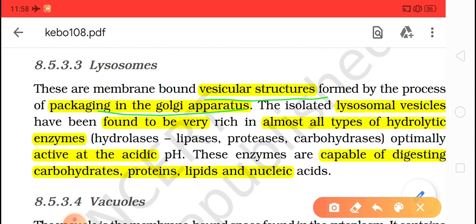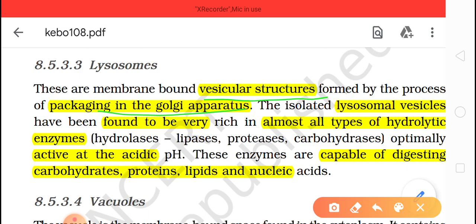Okay, and the lysosomes are rich in almost all types of hydrolytic enzymes. So we can say that various enzymes, that is lipases, proteases, carbohydrases, are found in lysosomes. Okay, and these enzymes are active at acidic pH and help in digestion. Okay, so basically carbohydrases digest carbohydrates, proteases digest proteins, lipases digest lipids.